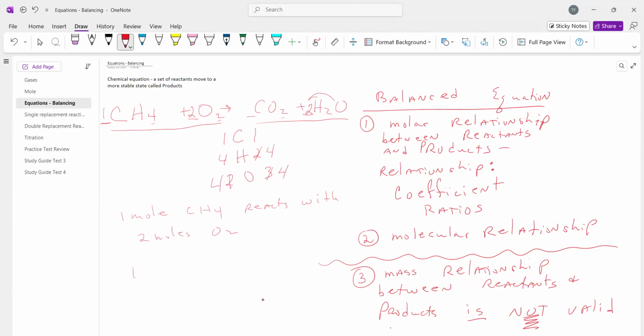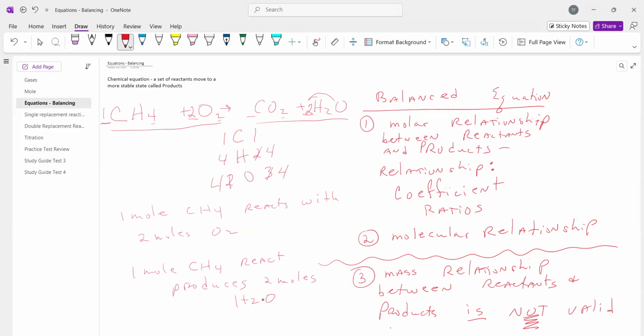If 1 mole of CH4 reacts, it gives 2 moles of water, because that's the ratio of the coefficients. The ratio of the coefficients is a molar relationship. We're going to need that on Friday.